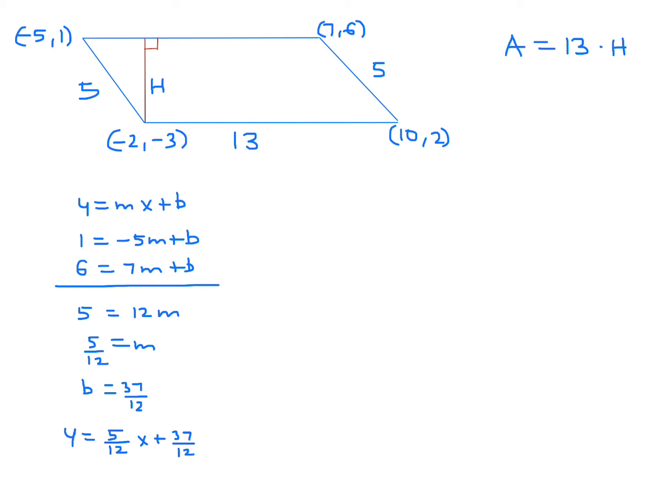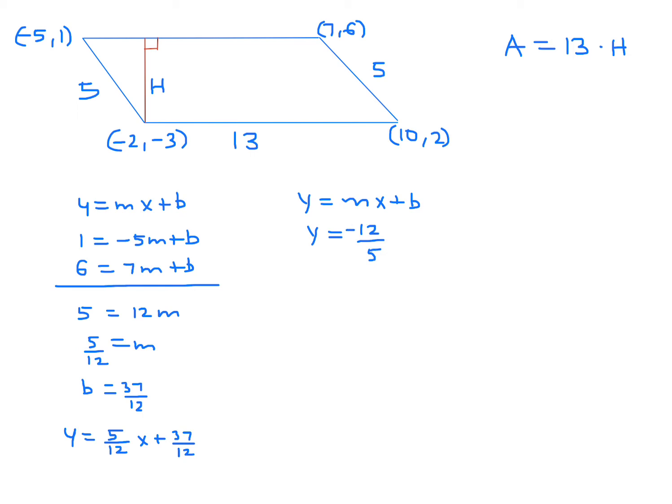Great. Now let's calculate the equation of that other line. Again, y equals mx plus b. But the good news is the line is perpendicular, so the slope is the negative reciprocal of this. First you take the reciprocal, so 12 over 5, and then you take the negative.